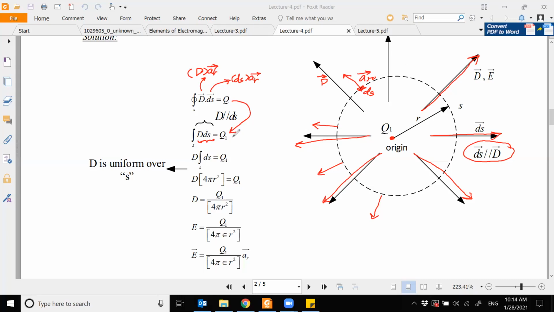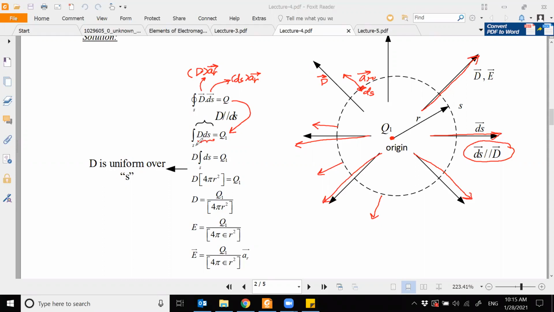But it doesn't mean you cannot apply Gauss's law where you don't have a symmetry. You can, but applying Gauss's law and applying Coulomb's law will take the same time, so you can apply either. But if you have a symmetry, then rather than Coulomb's law, if you apply Gauss's law, you will get the answer very fast, as you can see here. The vector has changed to a scalar.